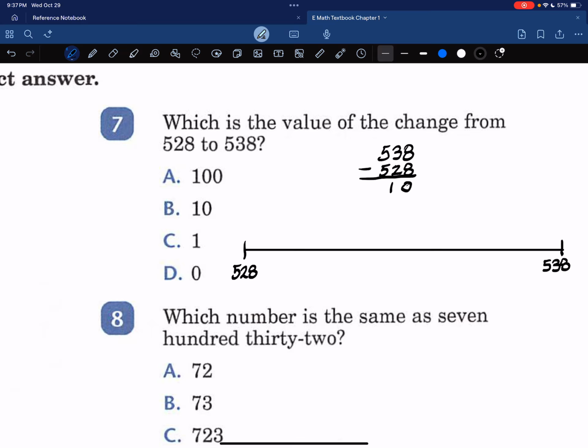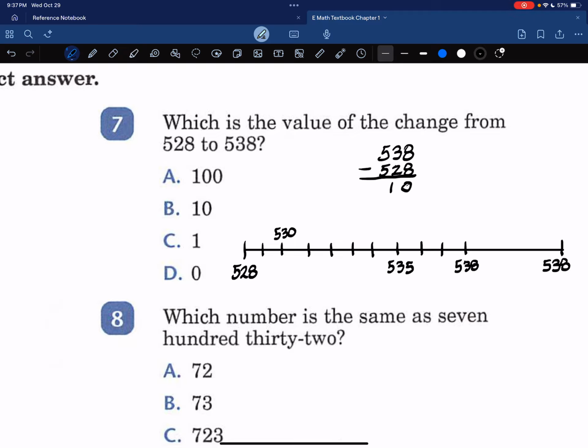So, 529, 530, 531, 532, 533, 534, 535, 536, 537, and there's 538.